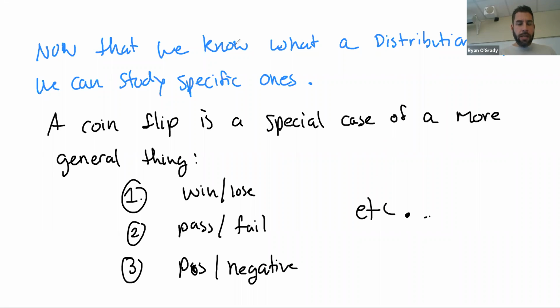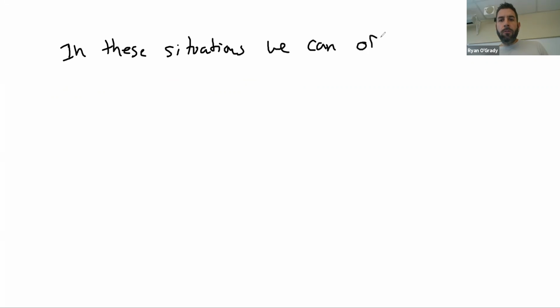And that means that any sort of thing that behaves this way might be able to be modeled the way coin flips are modeled. And there's a special type of distribution that helps us for this. So in these situations, we can often model it as if it were a coin flip.